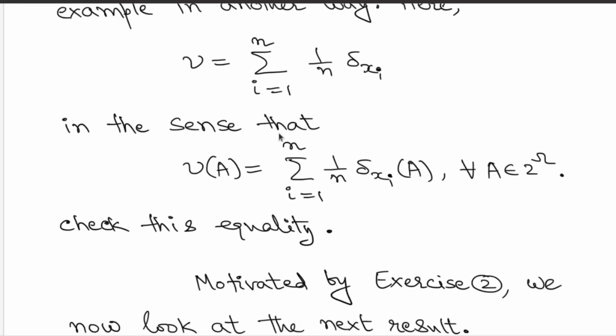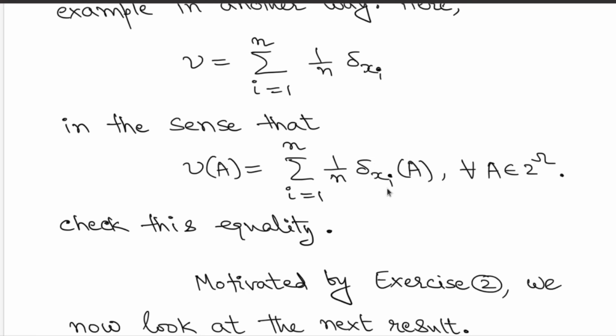This is the summation from i equal to 1 to n, 1 by n, that's the same fraction that was written earlier, then the Dirac measure supported at xi acting on the set A. So we are looking at the size of the arbitrary set A according to the individual Dirac masses, and we are just adding them up with this scaling factor 1 by n. Okay. So now this is exactly the same measure that was obtained earlier. So that is another way to write down the same equality.